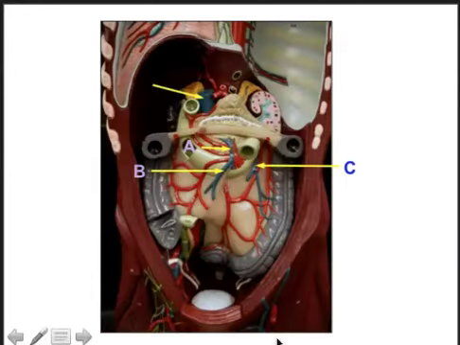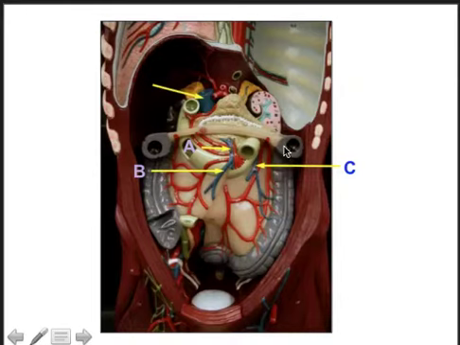What we've done here is we're looking at the abdominal pelvic region, and what we've removed is the front part of the GI so that we can look at the mesentery that suspends the colon. And what you've got here is the ascending, and the transverse colon would be here, but it's been pulled away in the model.